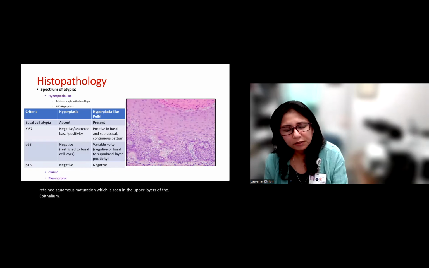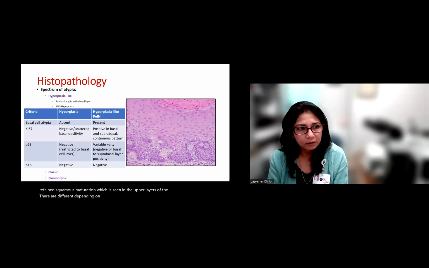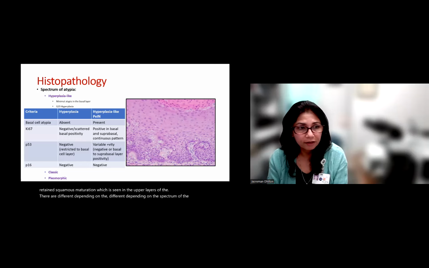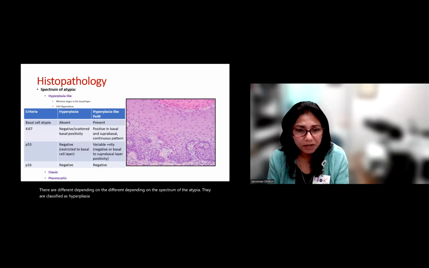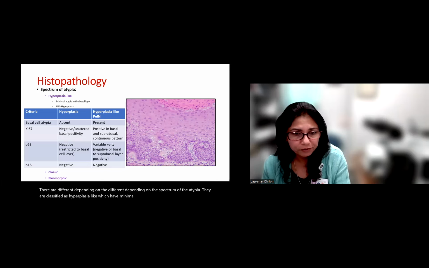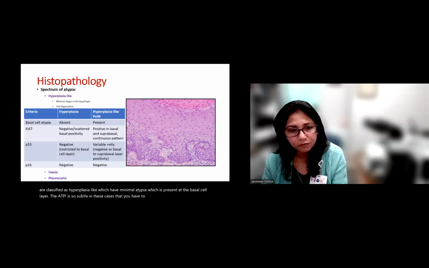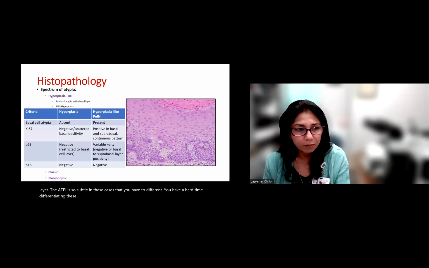Depending on the spectrum of the atypia, they are classified as hyperplasia-like, which have minimal atypia, which is present at the basal cell layer. The atypia is so subtle in these cases that you have a hard time differentiating these from benign hyperplasia.